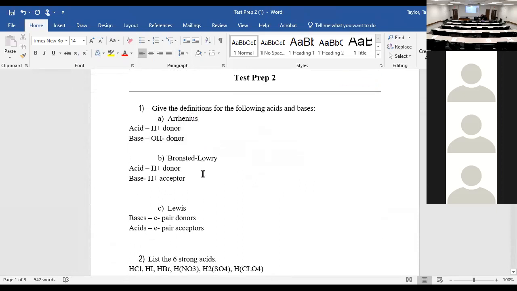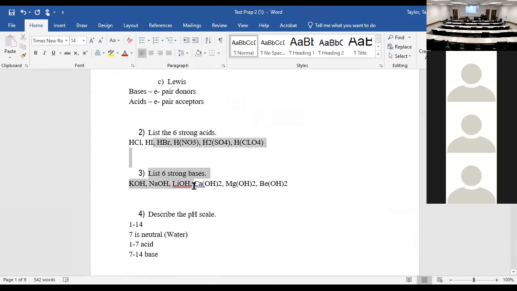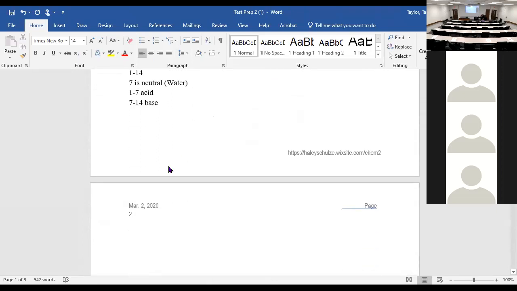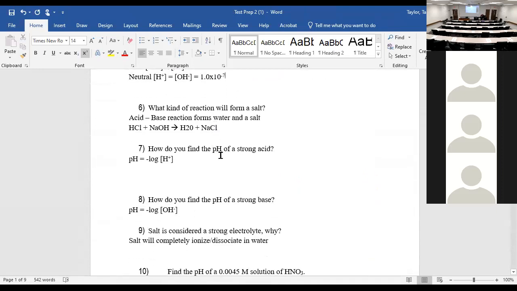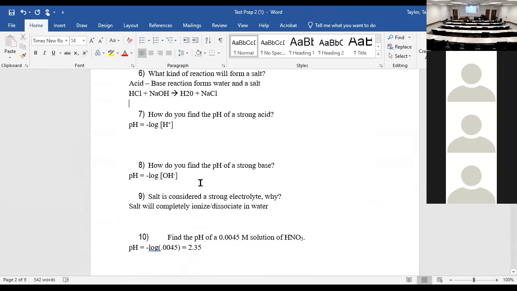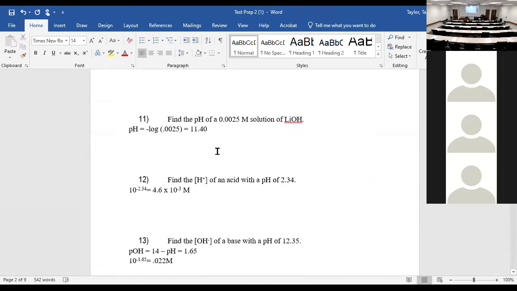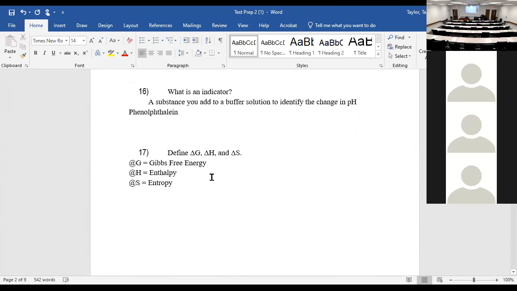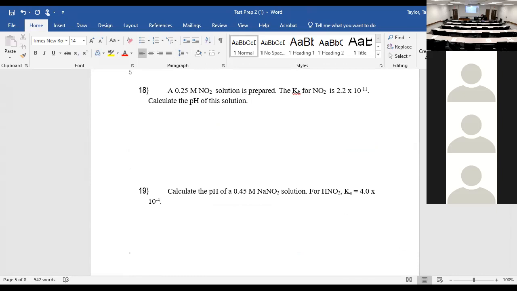But we talked about Arrhenius, Bronsted-Lowry, Lewis definitions for bases and acids, identified 6 strong acids and 6 strong bases, the pH scale, kind of the baseline for KW, which is used a lot in our acids and bases problems, the salt, pH of acids and bases, and kind of did the basic stuff. And now we'll be moving on to the harder stuff, the problems that she'll expect you to do whenever you take your test on Wednesday.